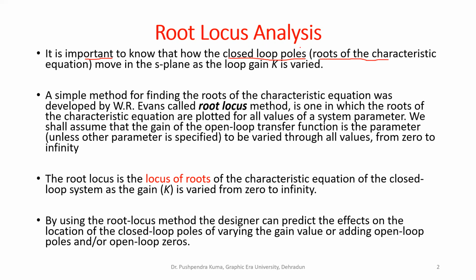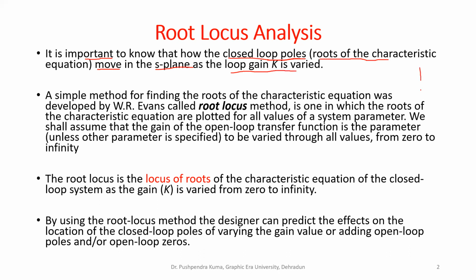When you solve that characteristic equation, you get the closed loop poles. So it is important that you should know how these poles move in the S plane as the loop gain k is varied.